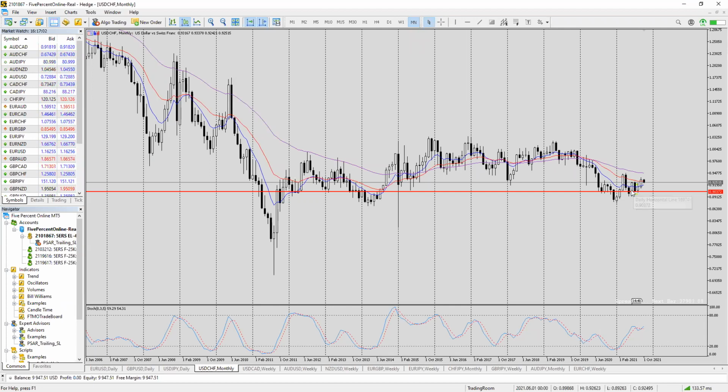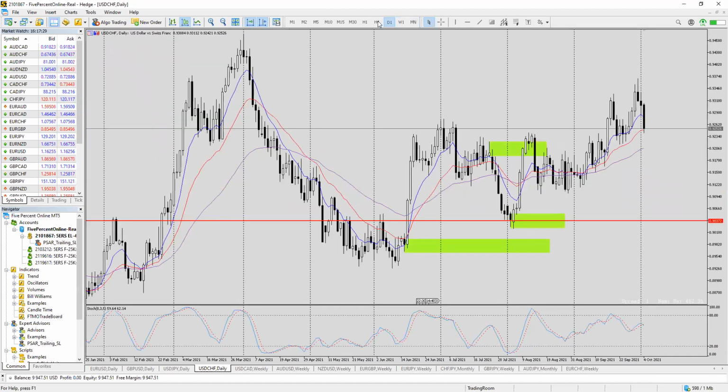You can see that it's still holding above several lines here, and if the SNB sees that it breaks below certain levels, it might intervene. We'll talk about Euro Swiss in a minute as well. So just be careful with any Swiss positions or any Swiss crosses.